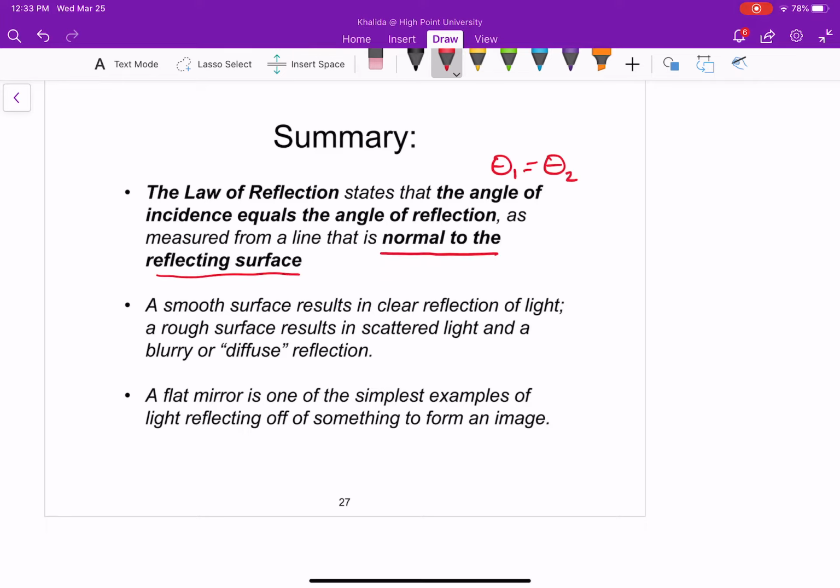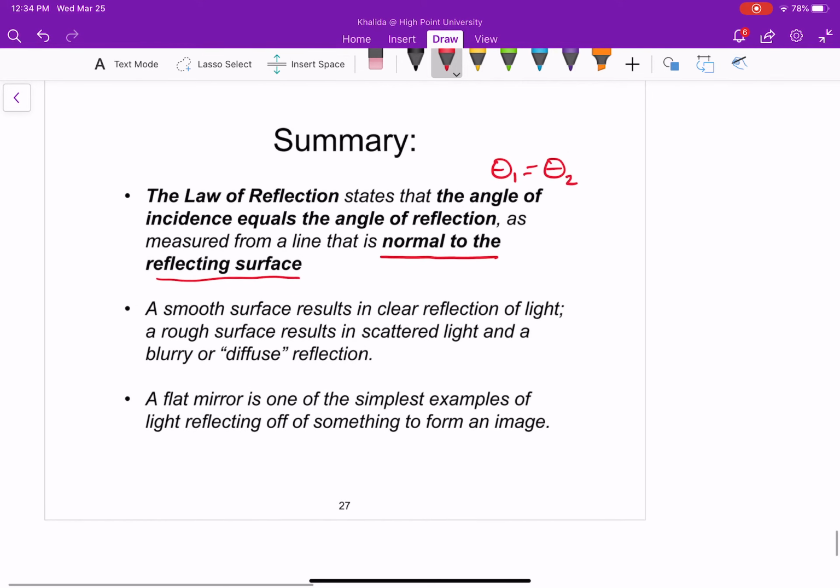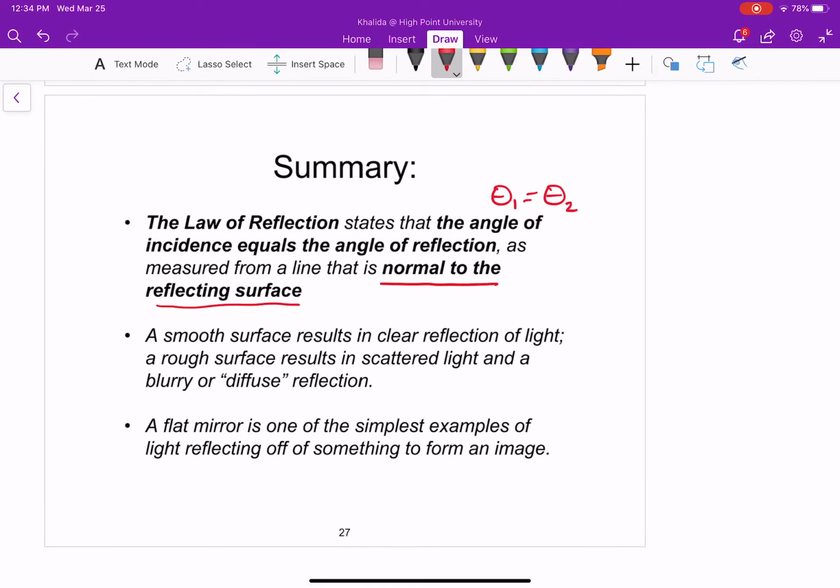And if the reflecting surface is curved, remember we need to draw that normal to the tangent. A smooth surface results in a clear reflection of light, and a rough surface results in scattered light and a blurry or diffuse reflection. And then a flat mirror is one of the simplest examples of light reflecting off of something to form an image. So that's all I'm going to talk about in this module.